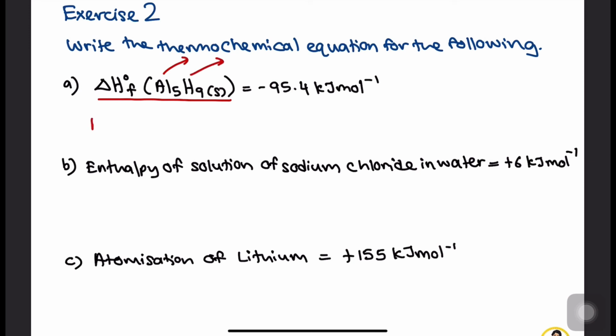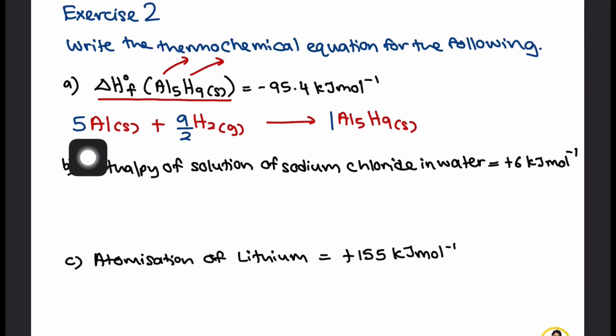So the most stable state of aluminium would be aluminium solid, and the most stable state for hydrogen would be hydrogen H2 gas, and this would produce us Al5H9 solid. Since this is enthalpy of formation, make sure the number of mole in front of Al5H9 is maintained as 1. Therefore, I'm going to multiply 5 in front of aluminium to balance the equation, and also a 9/2 in front of H2.